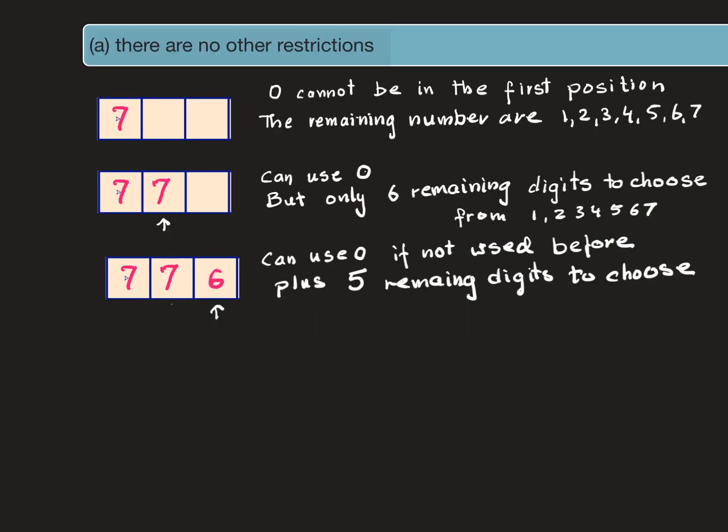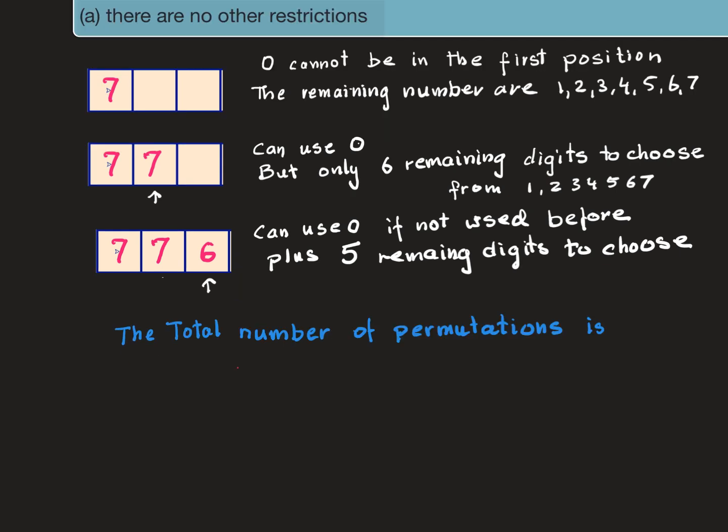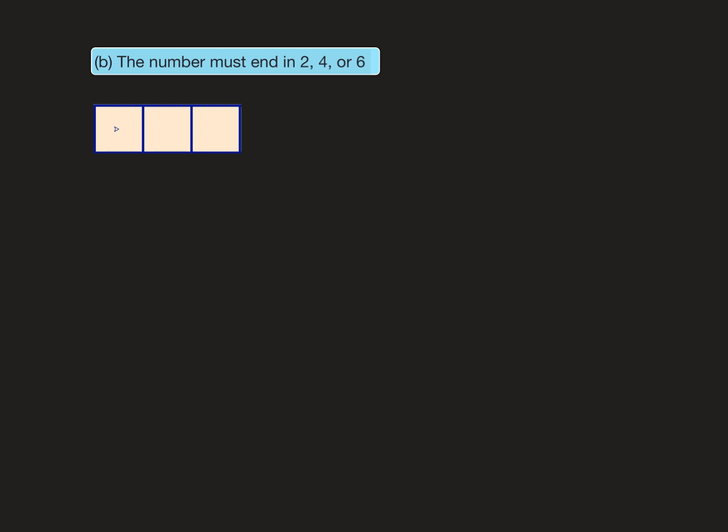And using the product rule, the total number of permutations is 7 multiplied by 7 multiplied by 6, giving me 294 permutations.